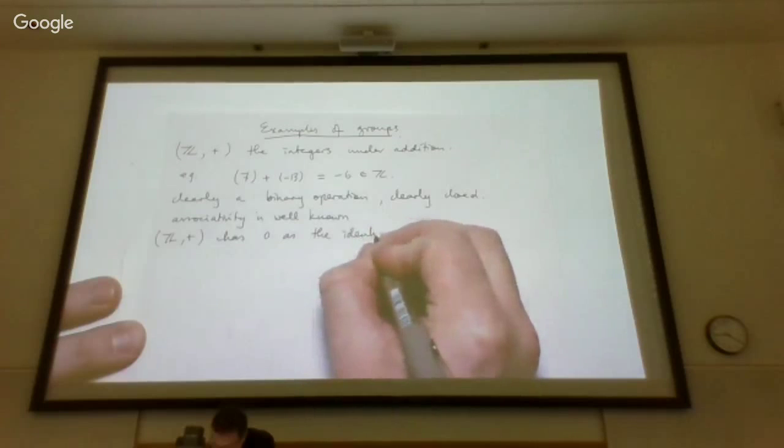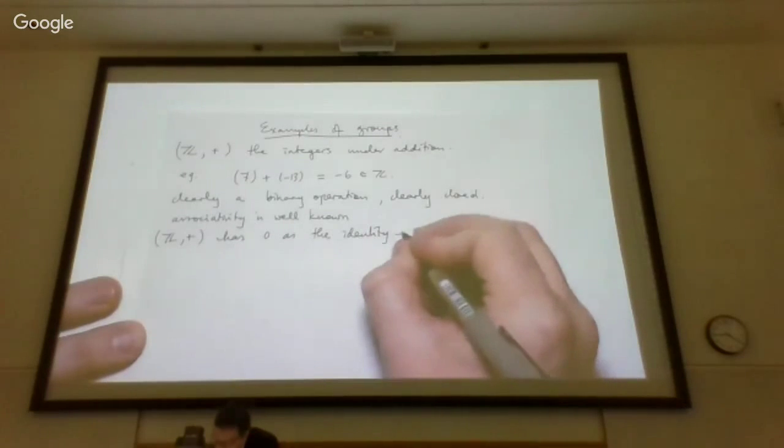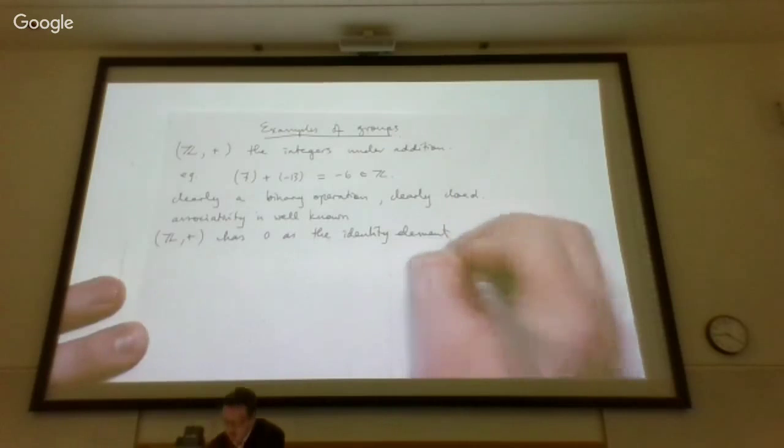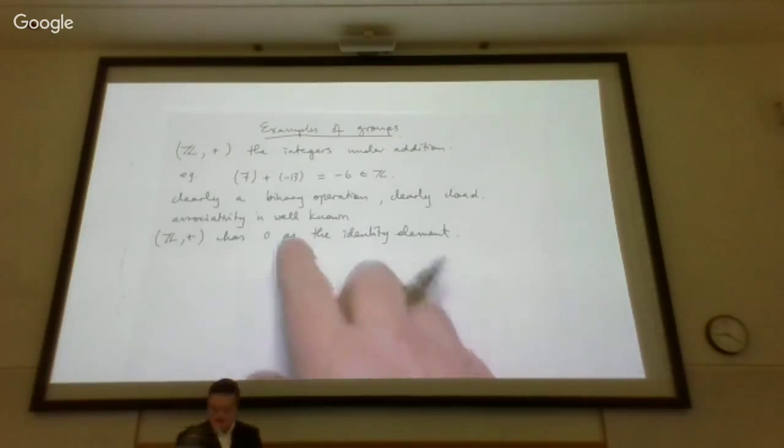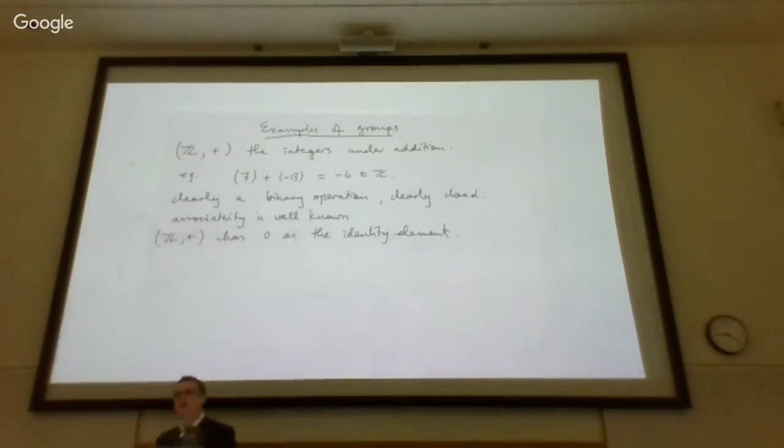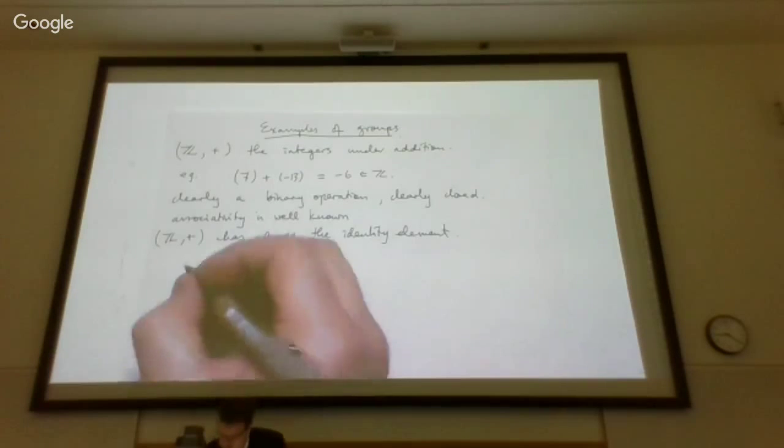So look at the axiom for identity, axiom 3. Observe that this is correct. Axiom 3 says there exists an E in G. Okay, well here's our 0 in Z. There exists some element E such that when you take the product of it with any other element, E star A or A star E, you always just get A. Well, 0 clearly plays that role in relation to addition.